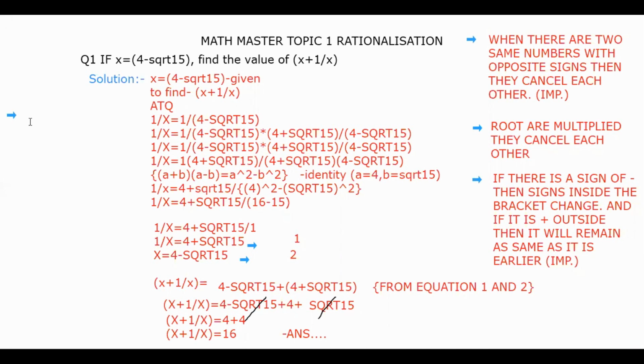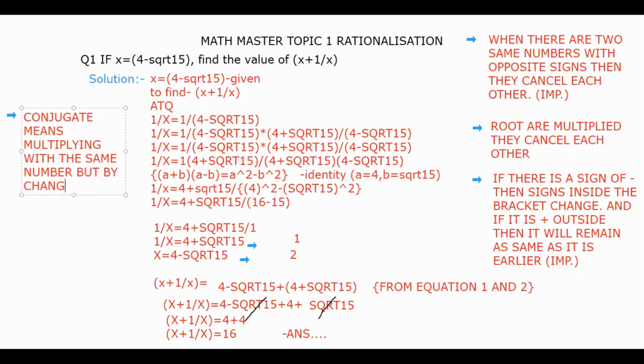Conjugate means multiplying with the same number but by changing its sign in the numerator as well as the denominator.